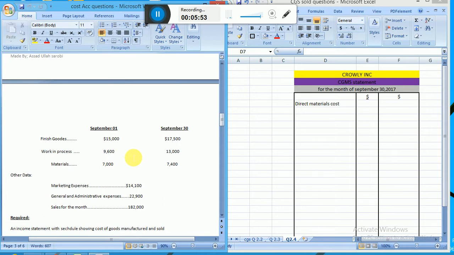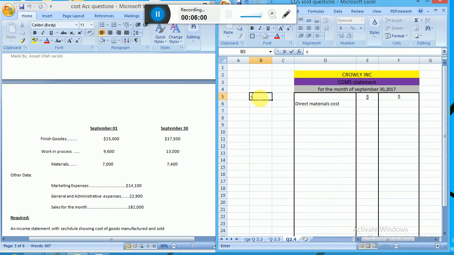So this is our September month. Before September we have August, and after September we have October. September is our current month. We are going to prepare the cost of goods manufactured and sold statement of the month of September.